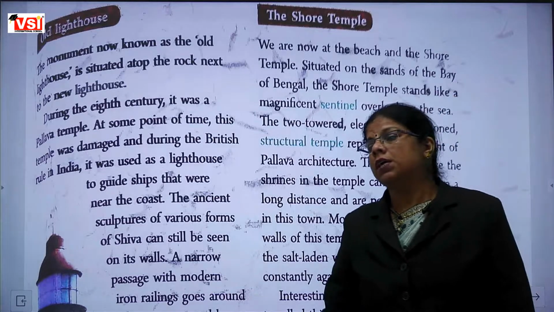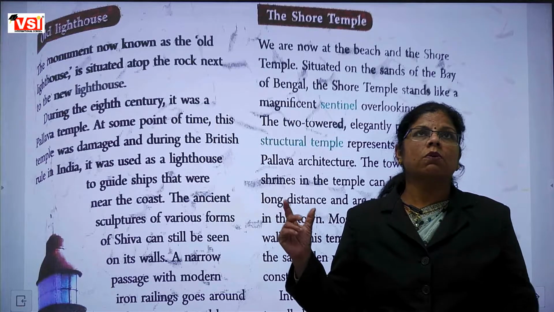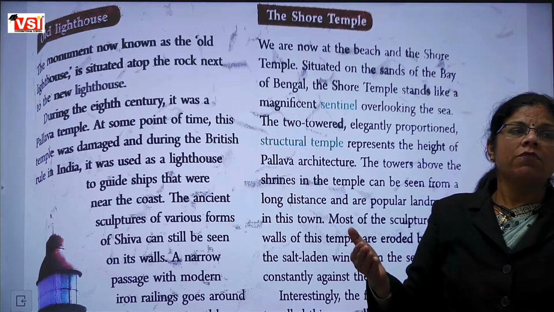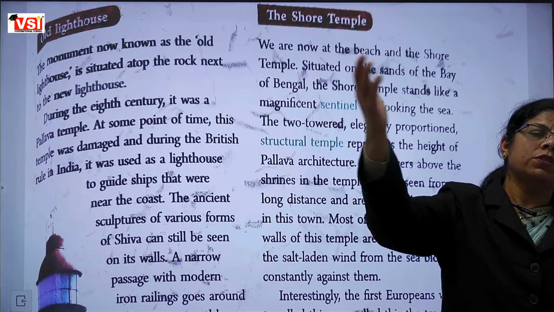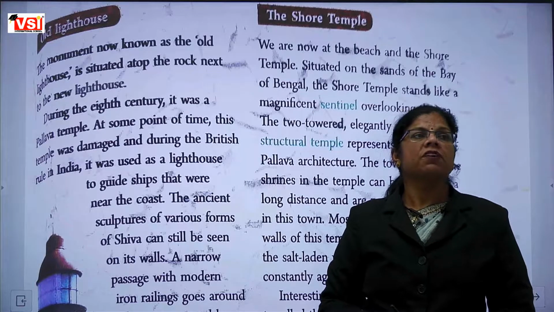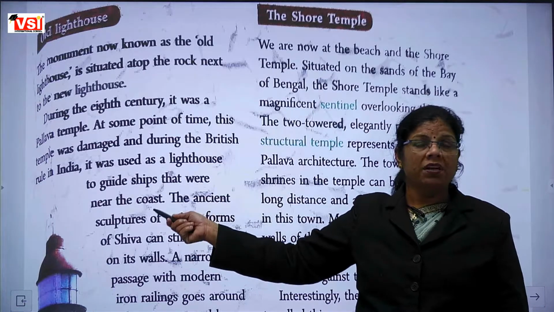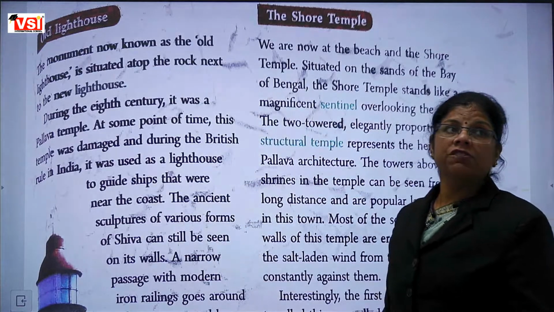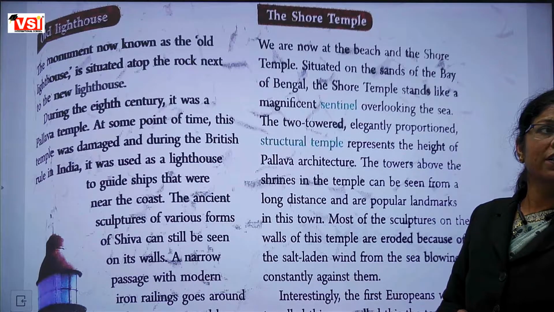Ships जो हमारे एक्चुअली सेल कर रहे होते थे सी के अंदर, उनको इतना बड़ा सी होता था कि पानी के अलावा कुछ दिखता ही नहीं था, और कई बार वो अपने रास्ते से भटक जाते थे. फाइन. तो लाइट हाउस वगैरह को देखकर उनको अपनी डायरेक्शन का अंदाजा मिलता था कि हम किस डायरेक्शन में मूव कर रहे हैं. So this lighthouse was also made to guide the ships that were near the coast, and these lighthouses were made near the coast. Coast means समुद्र का जो किनारा होता है, that is called coast.